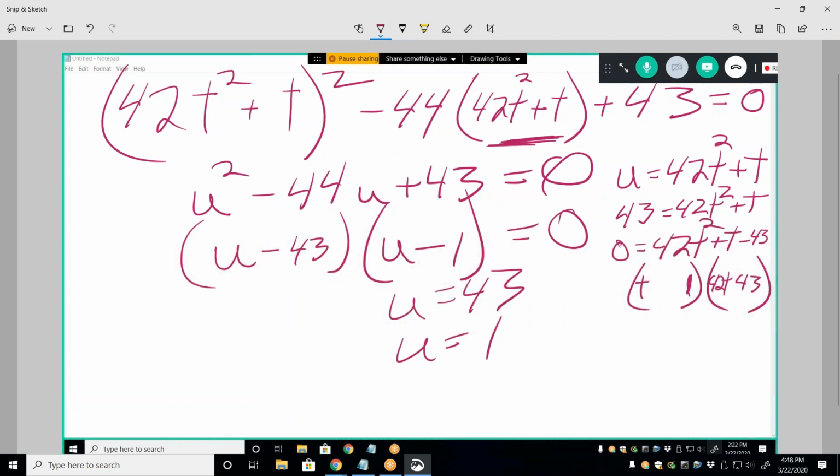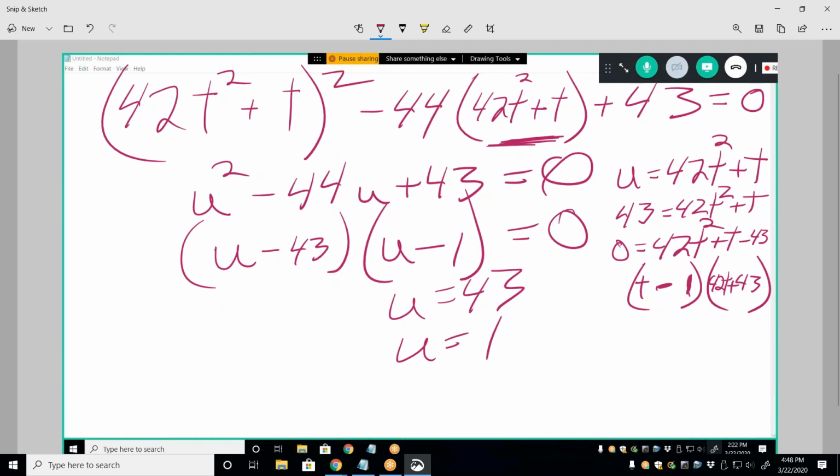Now notice my middle term is going to be plus t. My end terms, I know they're correct because I broke up the 42t squared into t times 42t. Usually I tell you to use the factors that are closest together, so I would have started with 7 and 6.